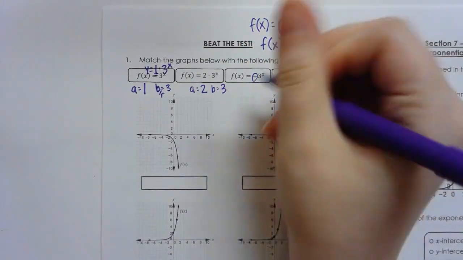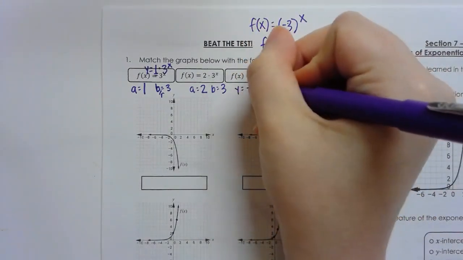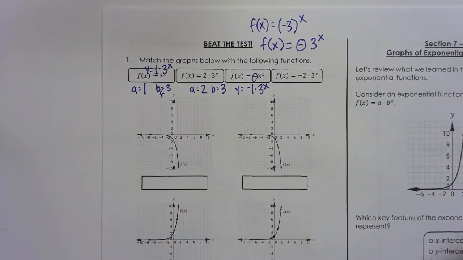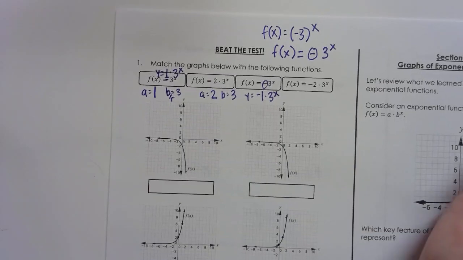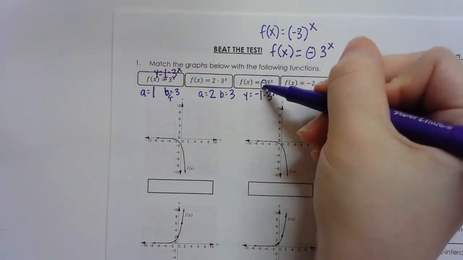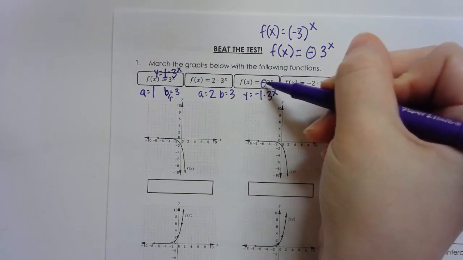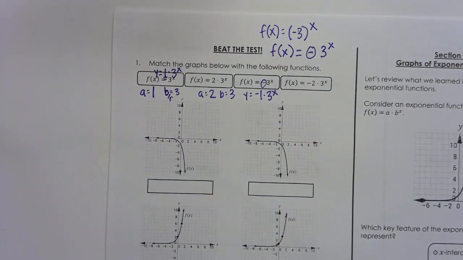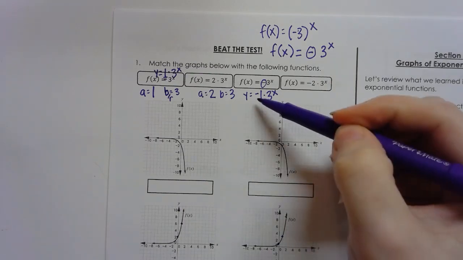So it's actually written as -1 times 3 to the x. Okay, so one more time, because the negative is not in parentheses, this is not -3 to the x power. It's negative, and then 3 to the x power. The negative is separate from the 3 to the x power. Okay, so that's where this comes from.